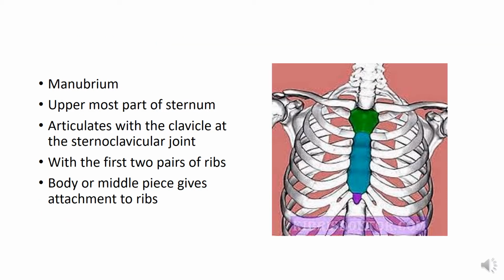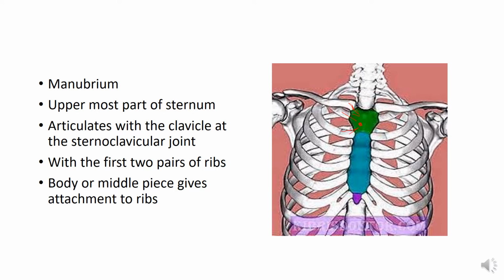Manubrium is the uppermost section and articulates with the clavicle at the sternoclavicular joints and with the first two pairs of the ribs. You can see here, this is the manubrium of the sternum shown in the green color, and it is articulating with the clavicle bone forming the sternoclavicular joint and with the first and second rib, part of second rib.